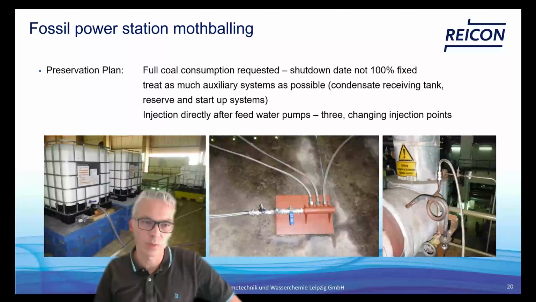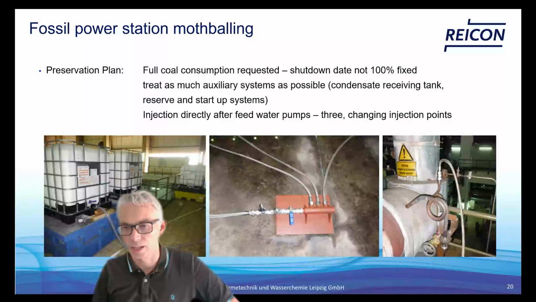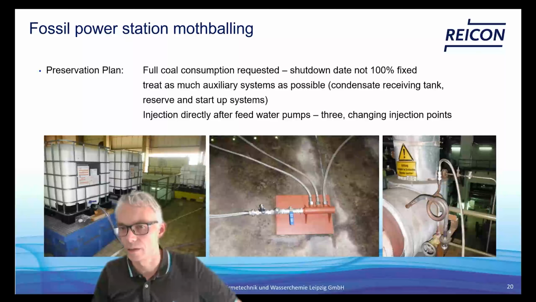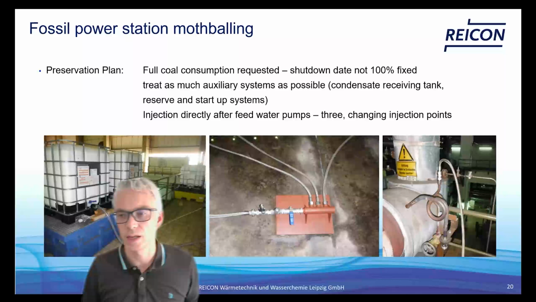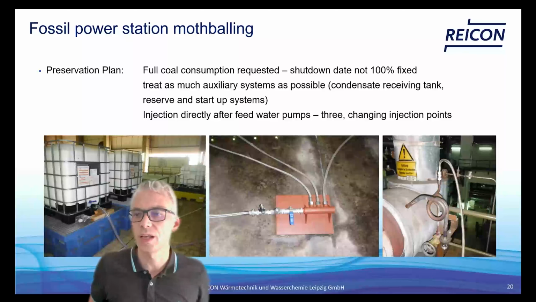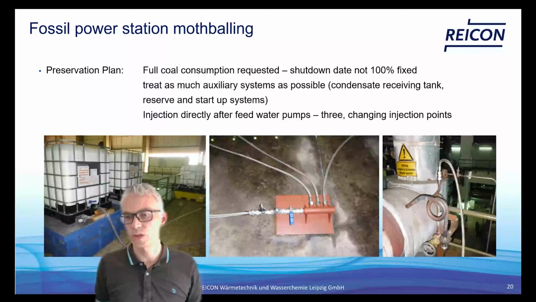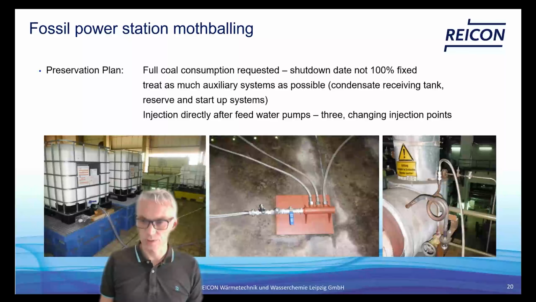We had the IBCs connected to this connector, and then from there we injected with 3 dosage pumps, and the feed water pumps were not all running at the same time, so we switched the pumps from time to time to get all systems treated.